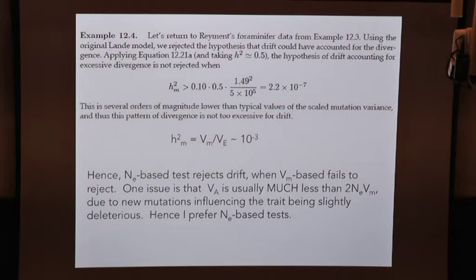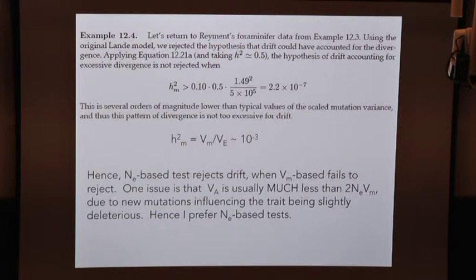Their estimate was 2 times 10 to the minus 7. The mutational heritability is simply the mutational variance expressed in environmental terms, and for most traits, that's about 10 to the minus 3. So here, I fail to reject. Why? Because commonly observed values for mutational heritability can easily generate that amount of divergence.